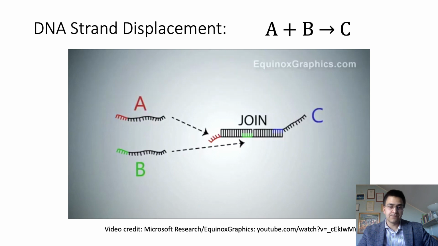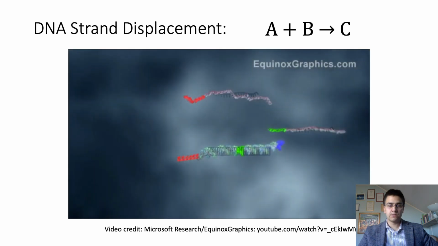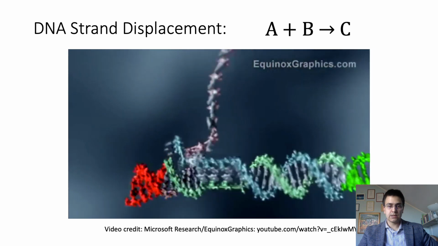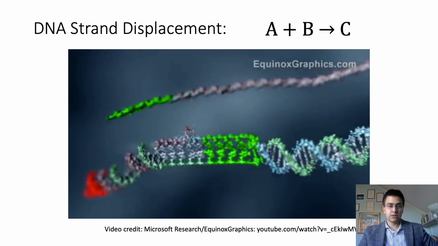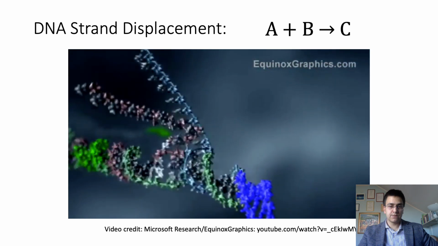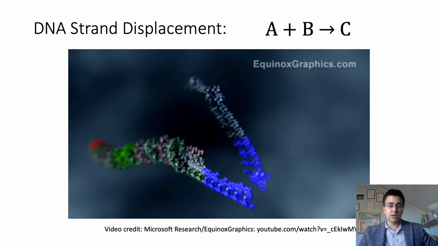So what happens is that a molecule of A interacts and displaces part of C, then a molecule of B comes in and displaces the other part of C, effectively releasing molecule C. Now A and B are captured, inactive, and C is released, effectively realizing the reaction A plus B goes to C.